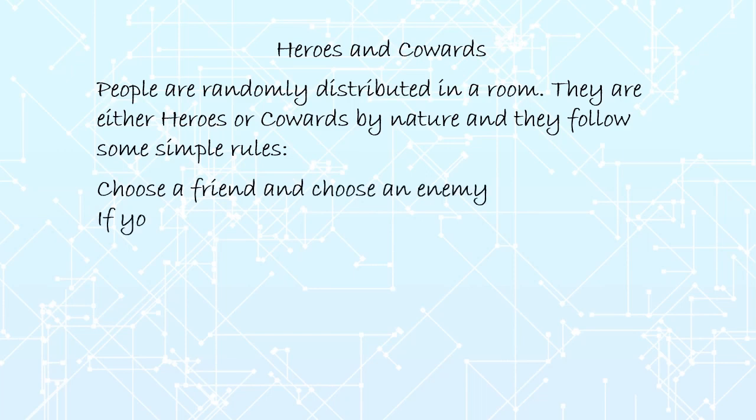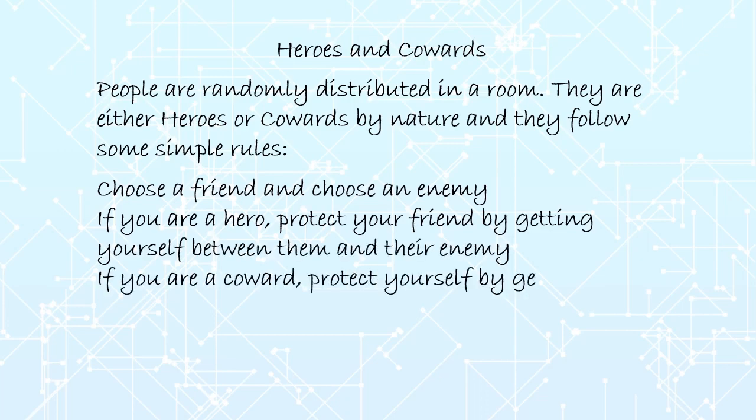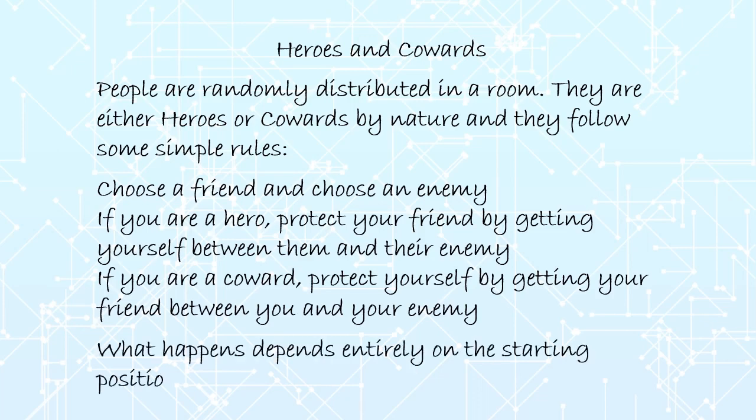Identify a friend and an enemy. If you're a hero, protect your friend by getting between them and their enemy. If you're a coward, protect yourself by getting your friend between you and your enemy. What happens depends entirely on the starting position, and the results can be fascinating.